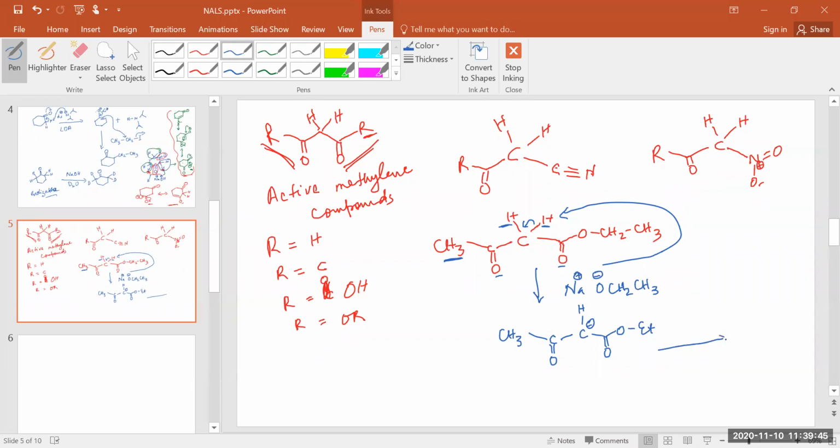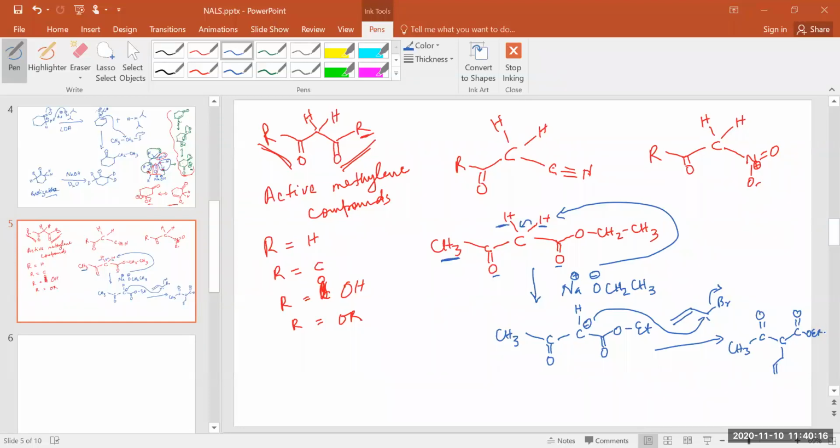Now if you take an electrophile, let's say allyl bromide, this is a very good nucleophile to react with it. So here it will form CH3COCH(allyl)COOEt.